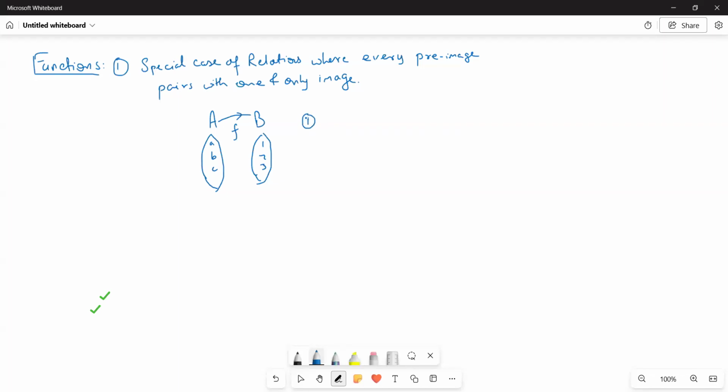The first restriction is every element of set A must create pairs. And the second condition is every element of set A must have only one pair.